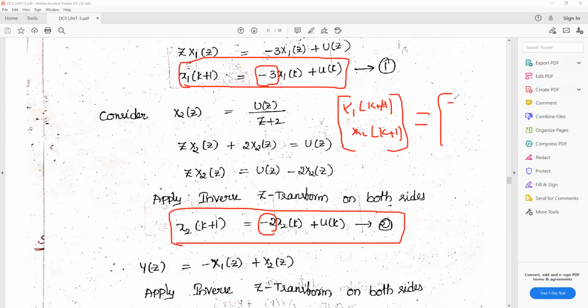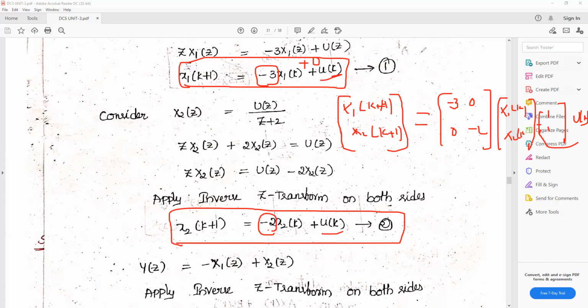So in the X1 of k plus 1, X2 of k is 0, so the second is 0. And in X2 of k plus 1, X2 coefficient is minus 2, X1 coefficient is 0. Minus 3, 0, 0, minus 2, times X1 of k and X2 of k, plus in the first one U of k, second also U of k, so 1, 1 into U of k.